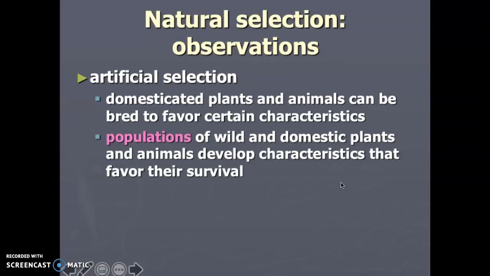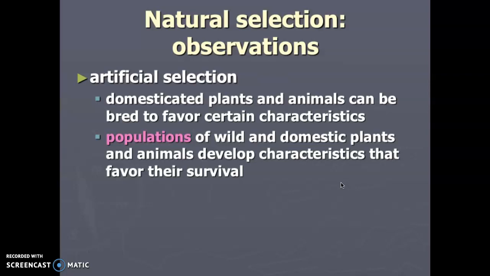So, what does Darwin observe, and what's the core idea in natural selection? Well, what Darwin observes on the farm is that domesticated plants and animals are bred to favor certain characteristics. Essentially, what we do with domesticated organisms is if we see a characteristic we like, we'll breed two members of the species that have that characteristic.